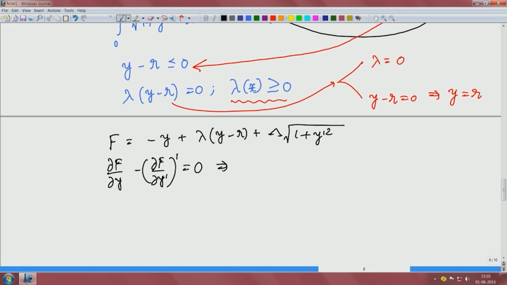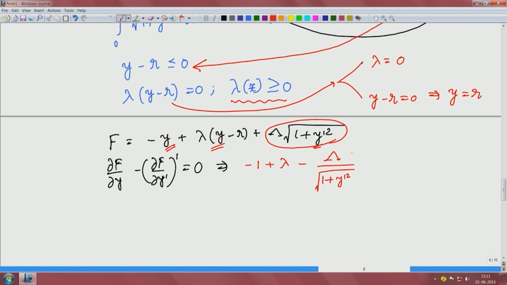If I want ∂f/∂y, y is over here, that gives me minus 1, but we also get y there, so I will get plus lambda: minus 1 plus lambda, and that is it. There is no y, there is y' here. So, I have to write minus d/dx of ∂f/∂y', that will give me Lambda times the derivative with respect to y' of the square root of 1 plus y'^2.